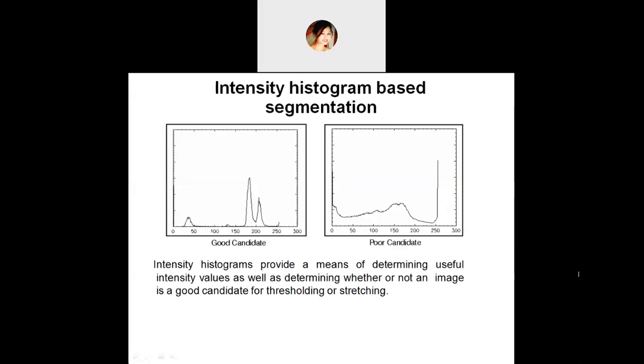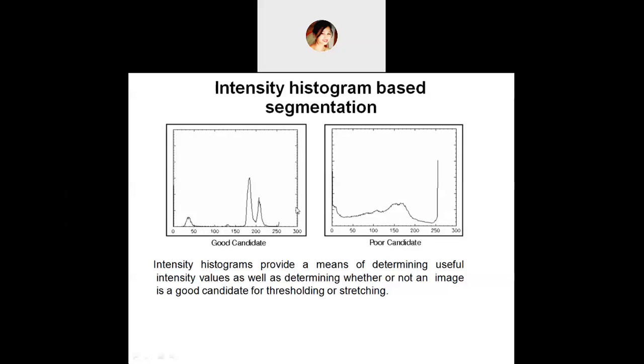Then this is intensity histogram based segmentation. Histogram, you already know now how to calculate, right? So this is an intensity histogram. It determines what is a good histogram and what is a not so good histogram. This is a good candidate, this is a poor candidate. Why? Because an intensity histogram provides a means of determining useful intensity values. See here, you can see these two histograms.